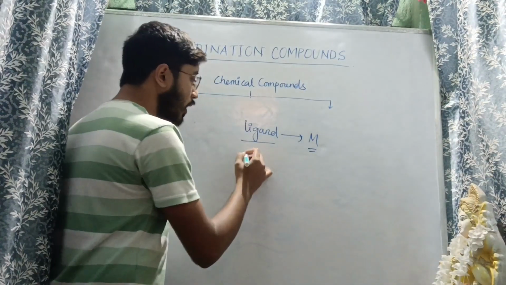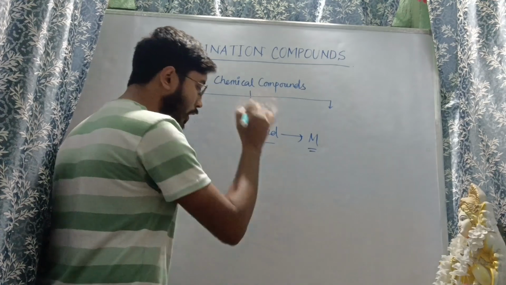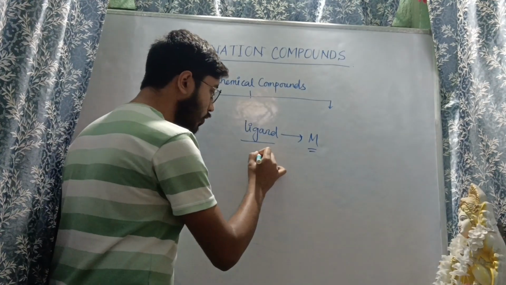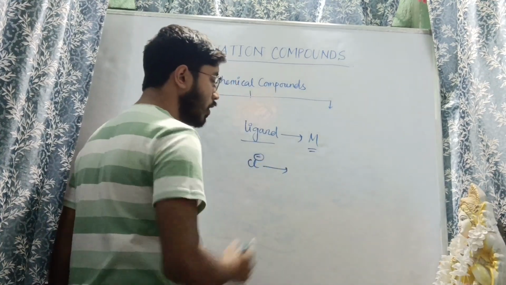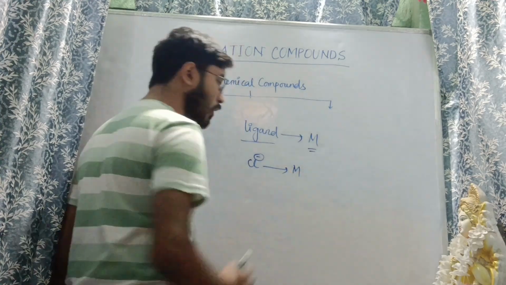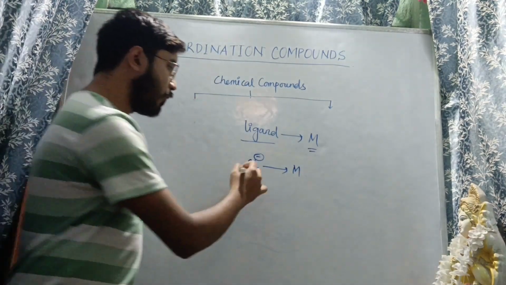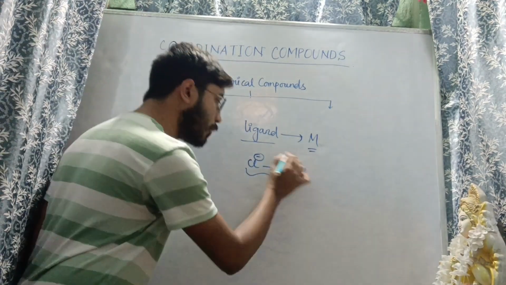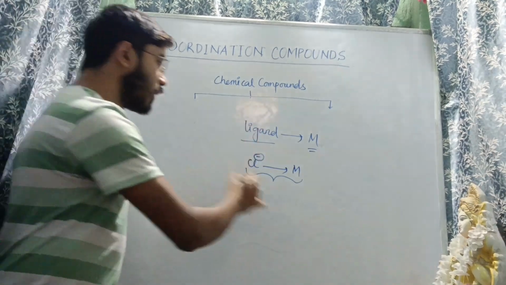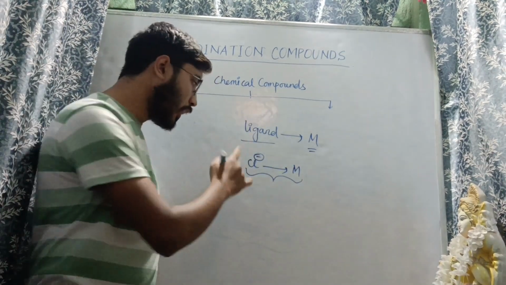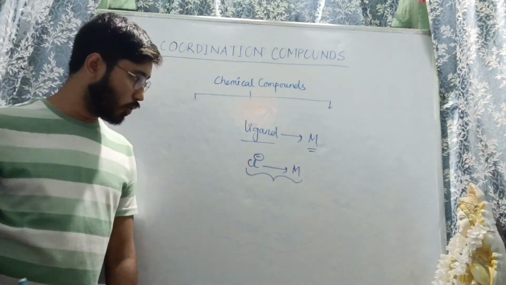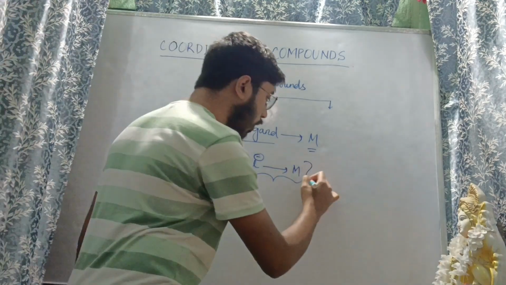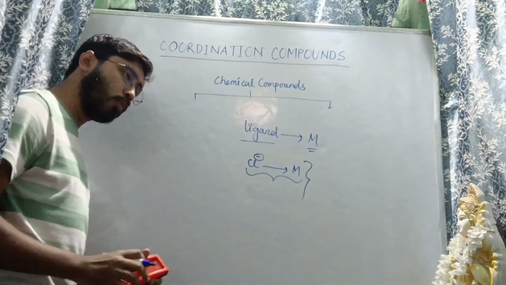So when chlorine donates its 2 electrons to the outermost orbital of a metal atom, it forms a bond. In this bond, the 2 electrons are donated by only the chlorine atom. This type of bond is known as a coordination bond.